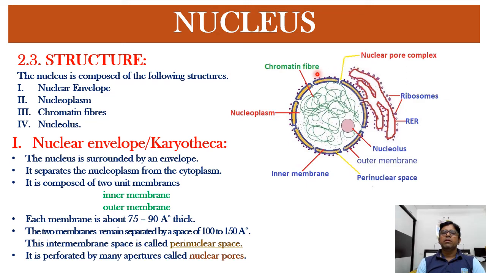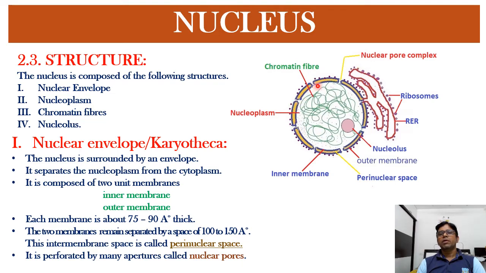This is the envelope of the nucleus, which contains 2 membranes, outer and inner, and inside the membrane there is a network of fibers. This is called chromatin fiber, and here you can see the pink colored rounded part, which is the nucleolus.